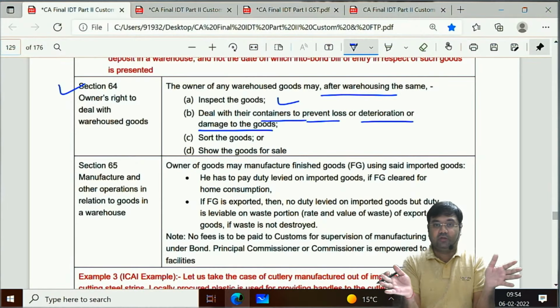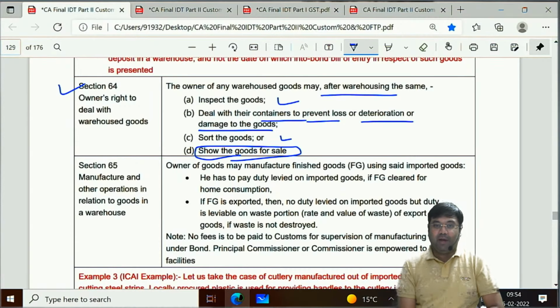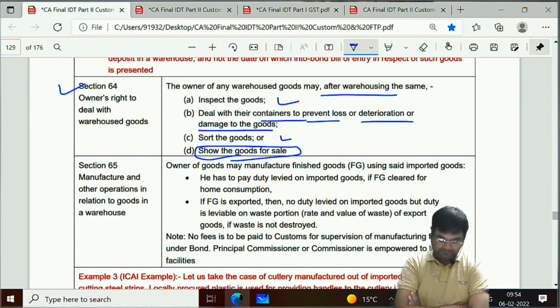He can also do the sorting of the goods and show the goods for sale. Warehouse goods can be sold. So buyer, without seeing the goods, why is he going to buy? So that's why he can also show the goods to the buyer. So section 64 basically gives the owner what he can do with the warehouse goods.